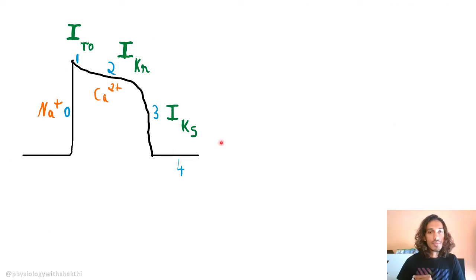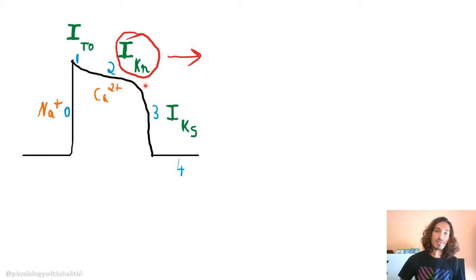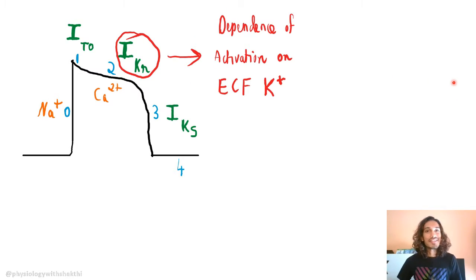Now that we come back to this, I was talking about your inward rectifying potassium channel. This is the important thing in your plateau phase, and the plateau phase is very important, as it helps maintain your refractory period and everything. This inward rectifying potassium channel has a special characteristic: its activation is dependent on the extracellular fluid potassium.